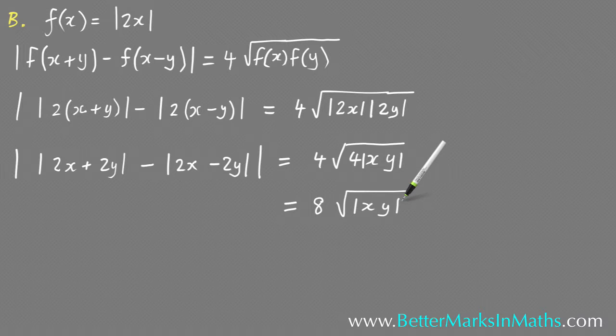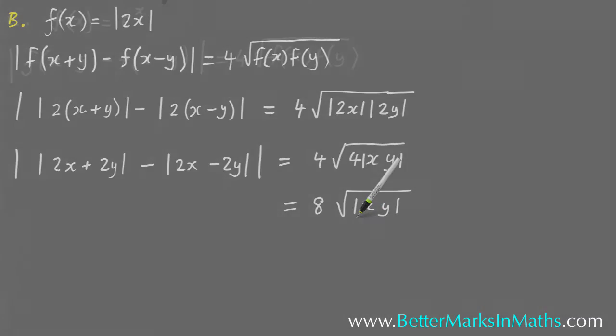There may be other numbers that will also make it true, but not all values of x and y will make this statement true. So for that reason, B is not the answer. And again, ideally you're looking for two expressions that are identical, and I don't think there's any way that you can make this look like this.